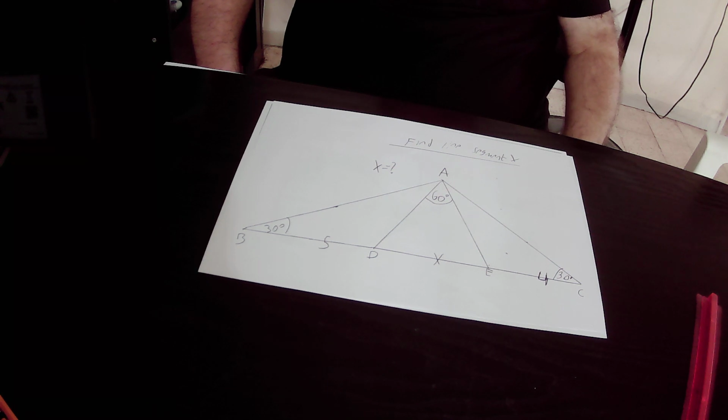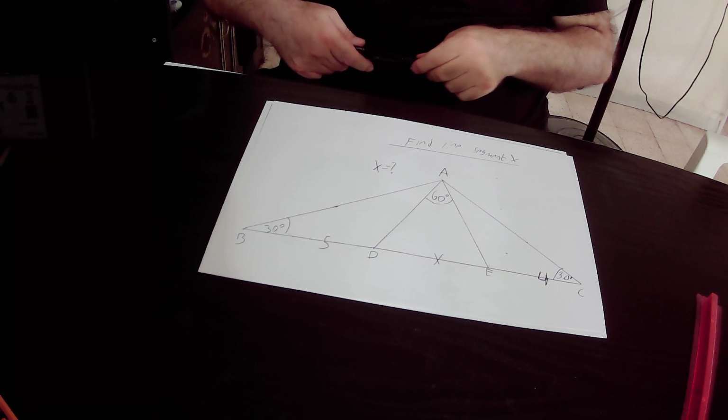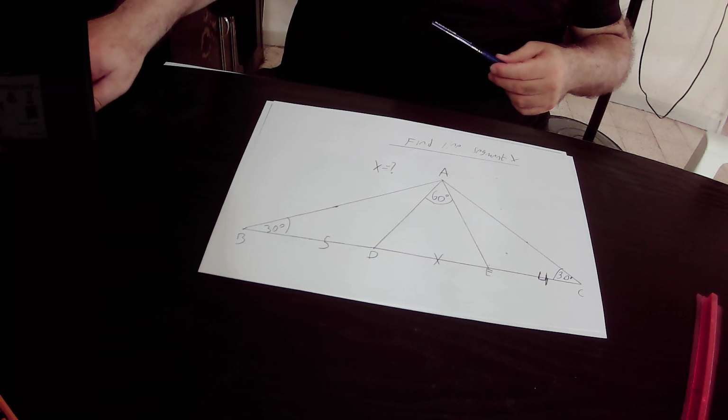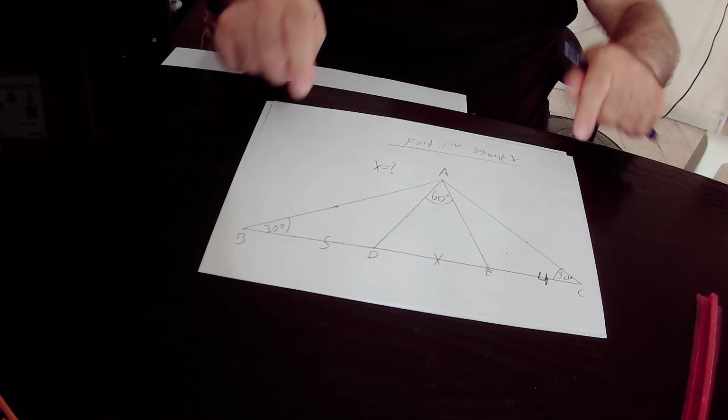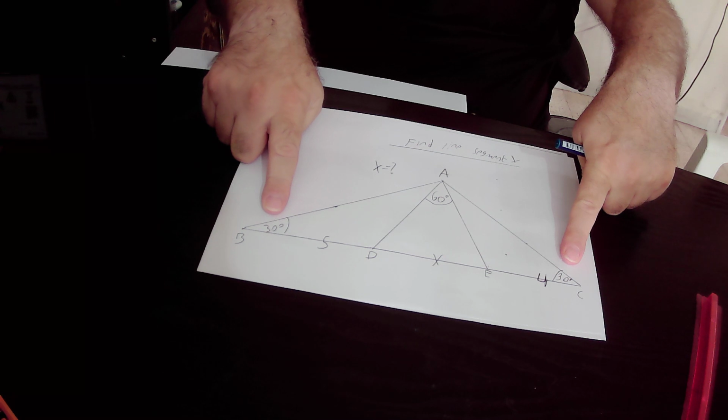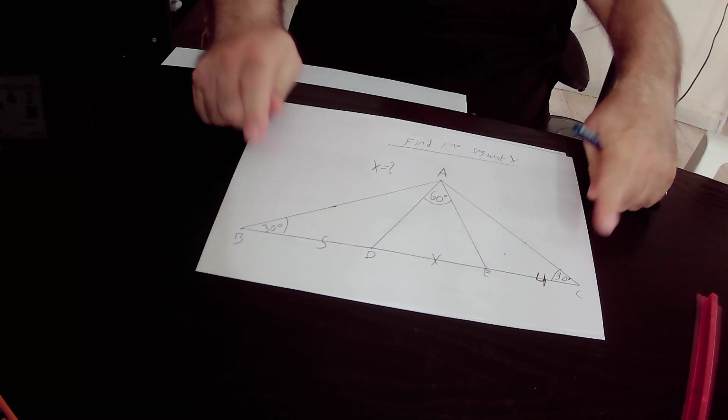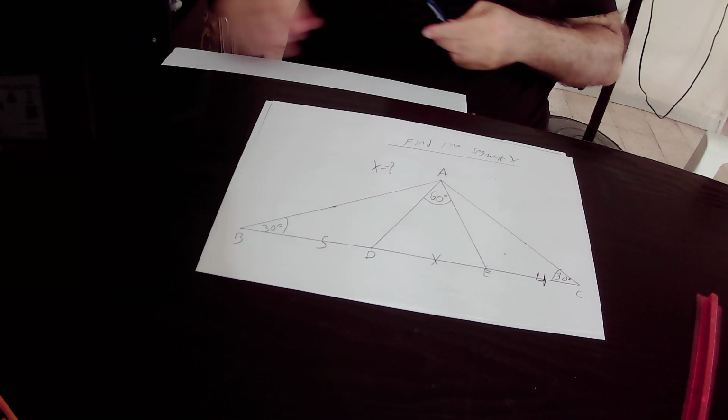Okay, so we focus on triangle ABC. In triangle ABC, those two angles are equal to each other. They are both equal to 30 degrees. So I write it down.